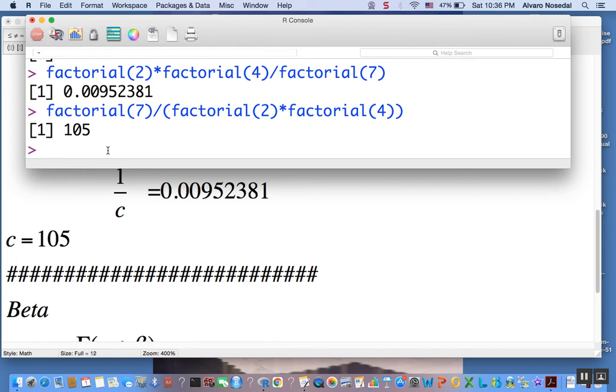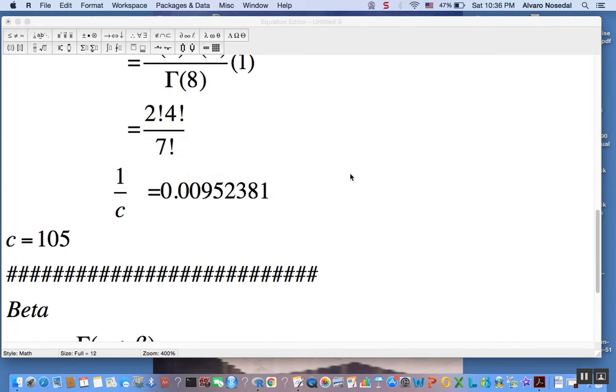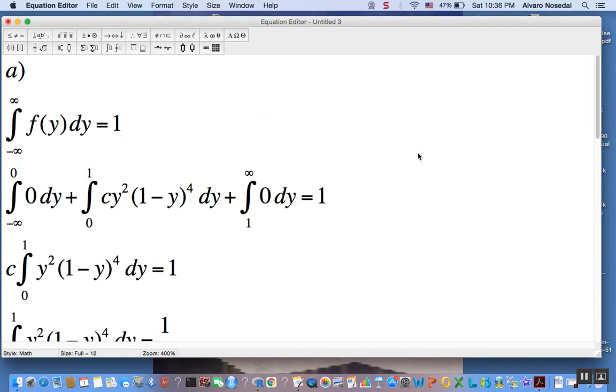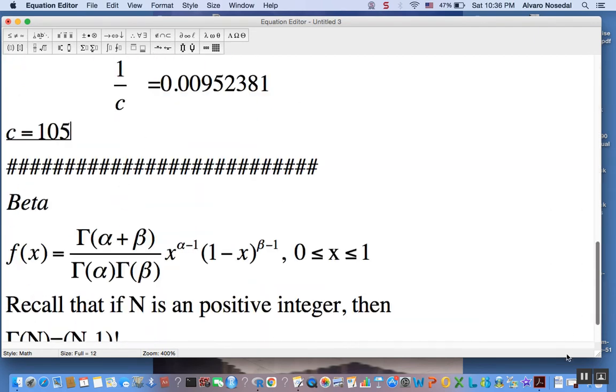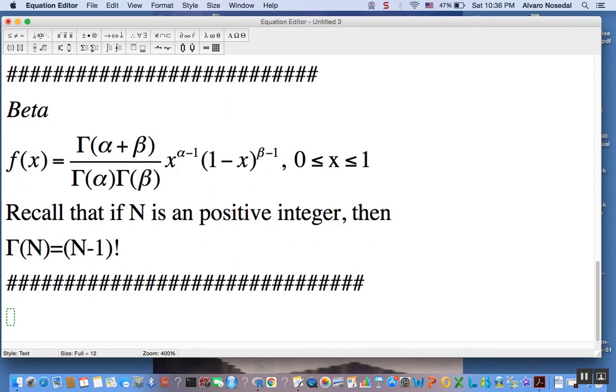Later I'm going to also show you how to do it another way using R. So we have that constant C. Now that we have that constant C, we're done with part A. The next part is finding the expected value of y.